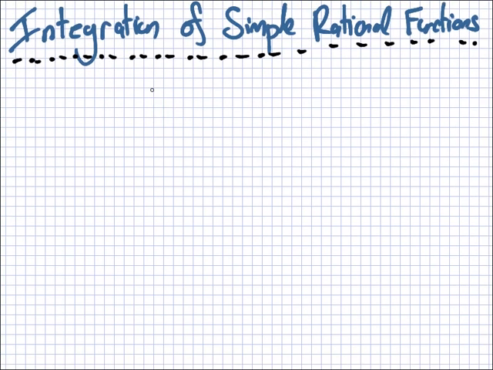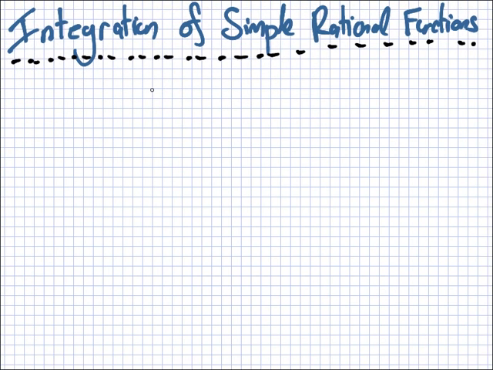Okay. So, integration of simple rational functions. By rational function, what we mean is a function which is a fraction, and on the top and the bottom could be something like a linear or a quadratic. You can see on page 150, they're all rational functions.